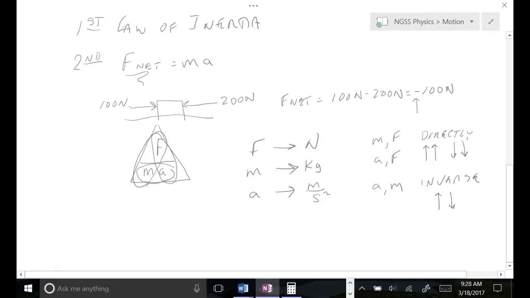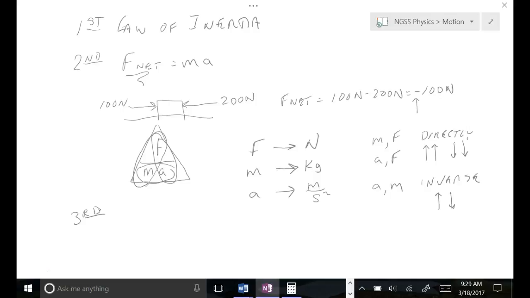Okay. Third law. For every action, a reaction is met with an equal and opposite reaction. So if I'm standing on the floor, I push down on the floor with a force equal to my weight, but the floor also pushes back on me with a force that's equal but opposite.